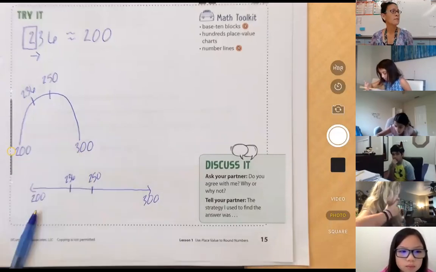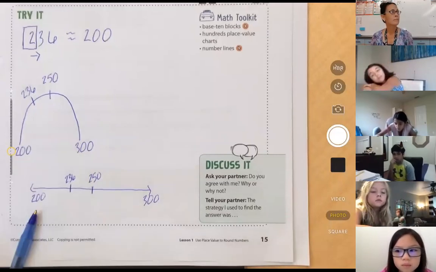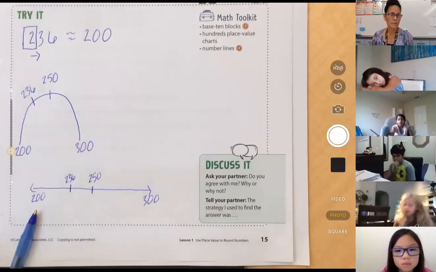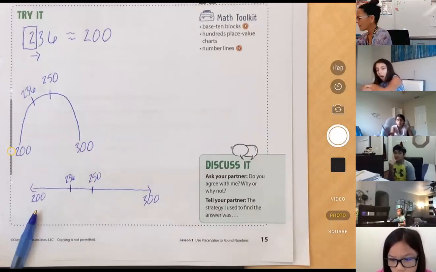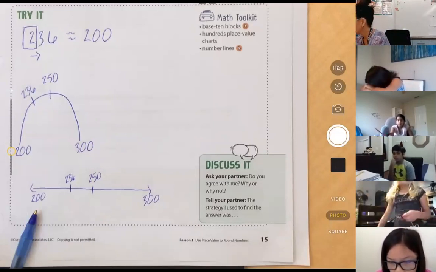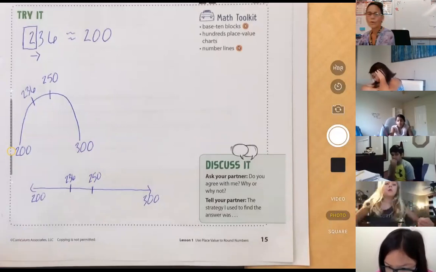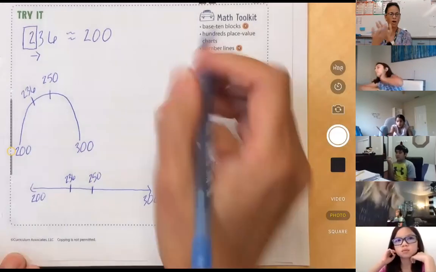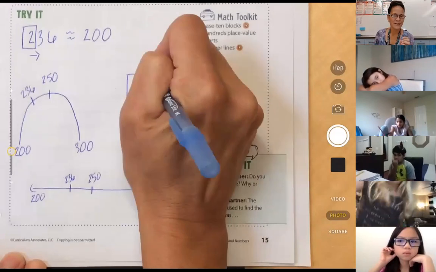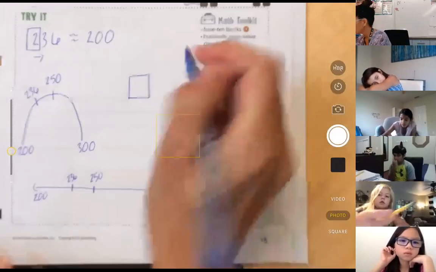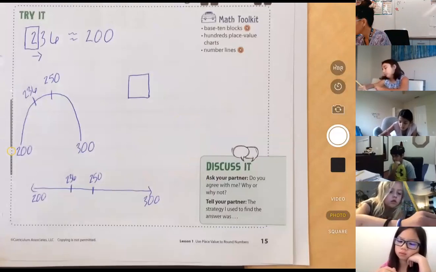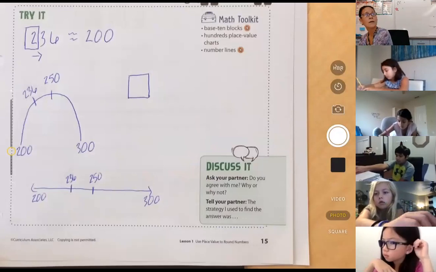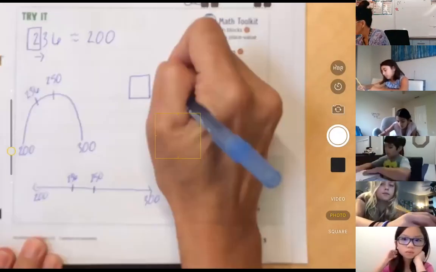You could use base 10 blocks as well. So another way you could look at the number 236 is to actually model that number. So you could take, here's 100, and we're going to just pretend that we have base 10 blocks all scattered in front of us on our desks right now, okay? So here's 100, and here's 100. And then we need to talk about 30, right?